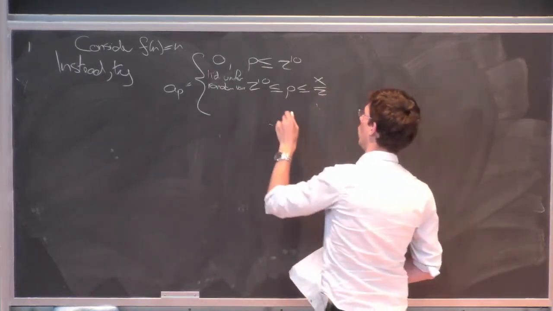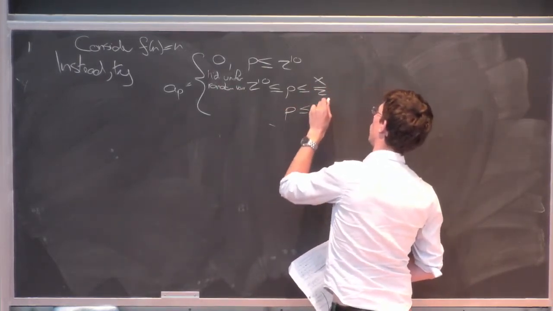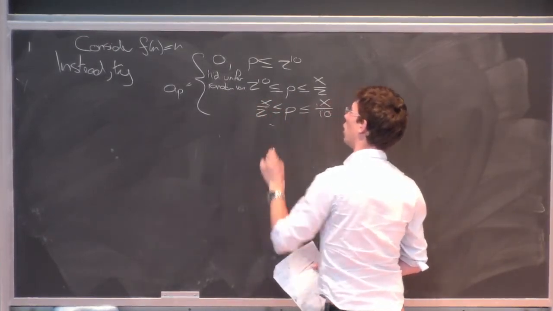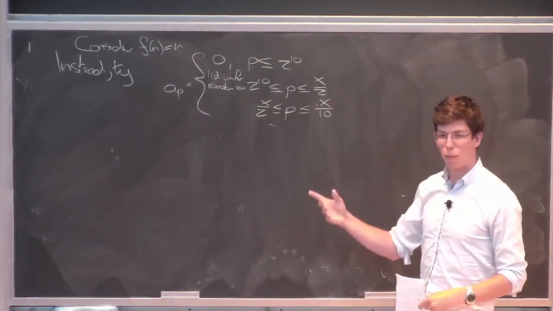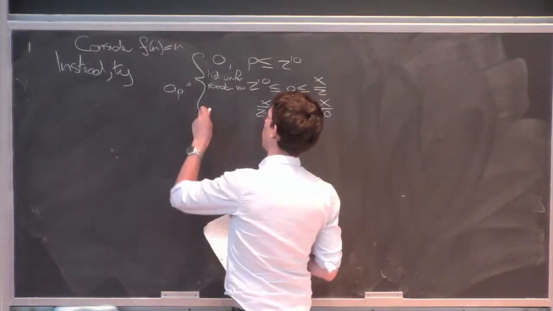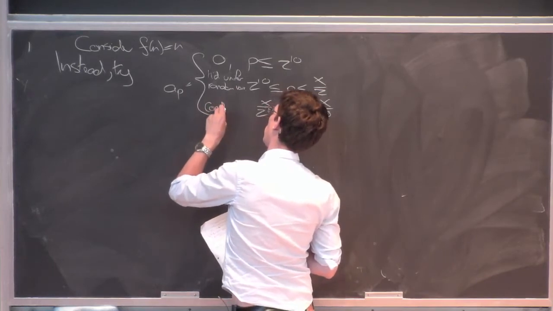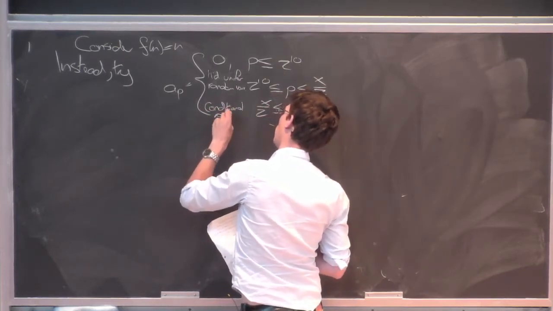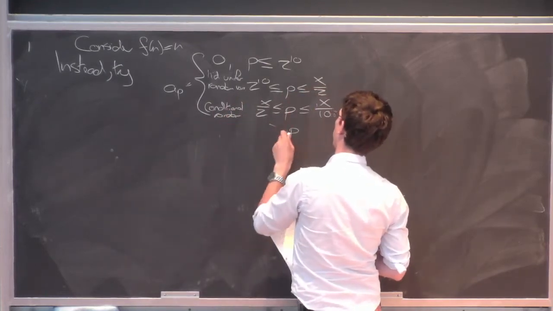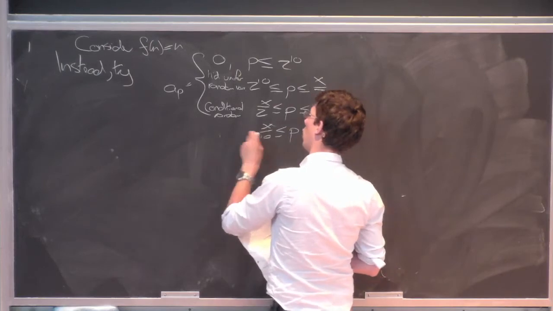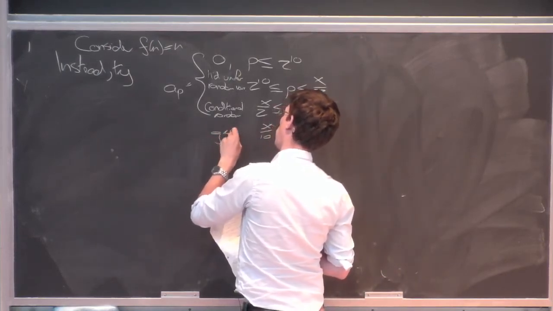Then for largish primes, so primes between x over 10 and x over z, I want to choose them randomly, but conditional on the previous random choices. And then for the very large primes between x and x over 10, I'll choose them greedily as before.